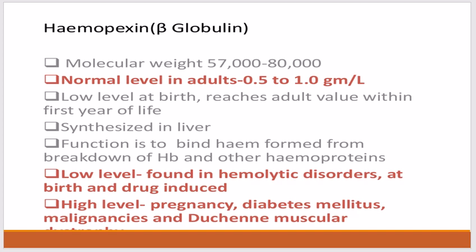It is also synthesized in the liver, and it functions to bind heme from the breakdown of hemoglobin and the other hemoproteins. The low level is found in hemolytic disorders, at birth and drug induced, and the high level is seen in pregnancy, diabetes mellitus, malignancies, and Duchenne muscular dystrophy.